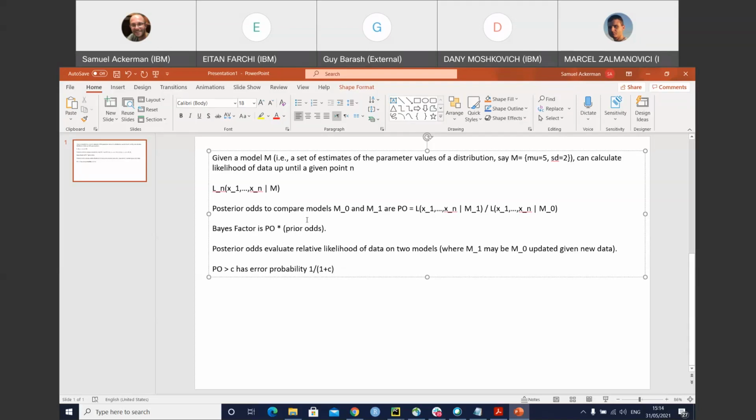In some of the applications I've been working on, instead of comparing two different models, you might have a given initial model, and then M1 is just the initial model updated with its parameters to reflect the new data.